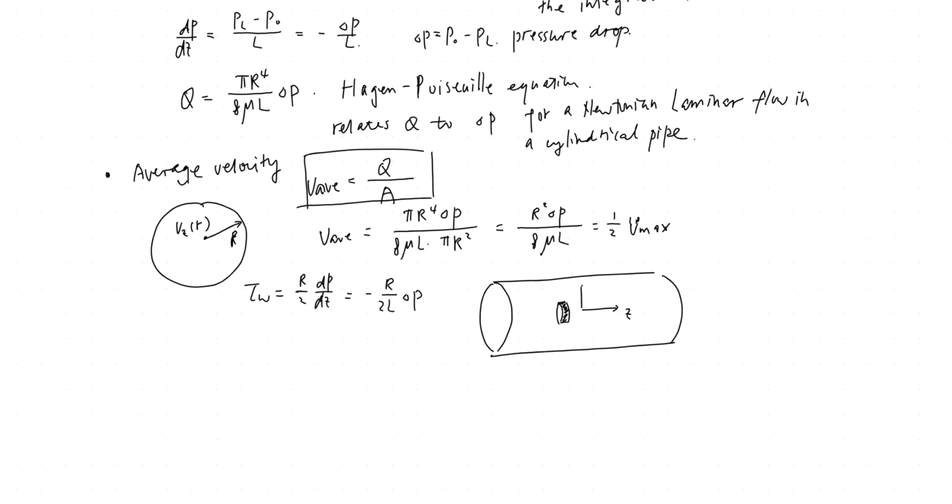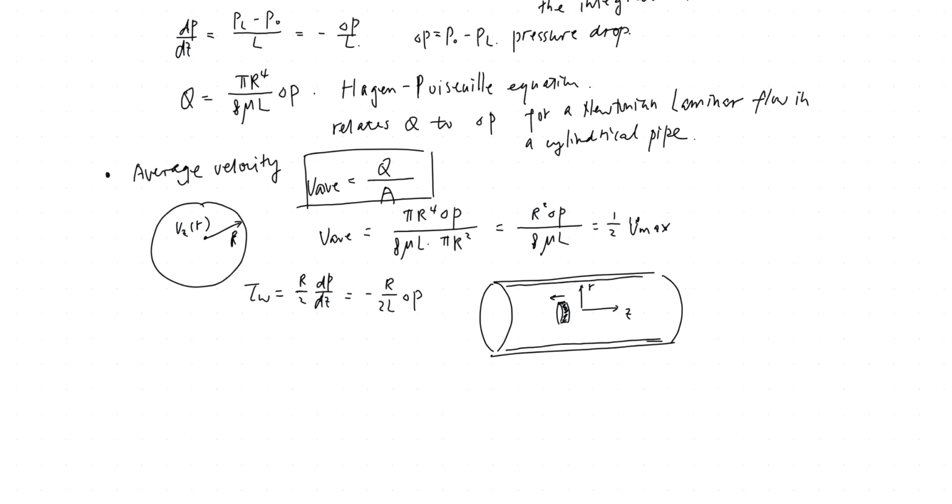In this case, a negative shear stress means the surface of this control volume actually feels a negative force. It is a drag. The reason is the layers of fluid close to the boundary have low velocity. Actually, at the boundary, it has zero velocity because of the no-slip boundary condition.